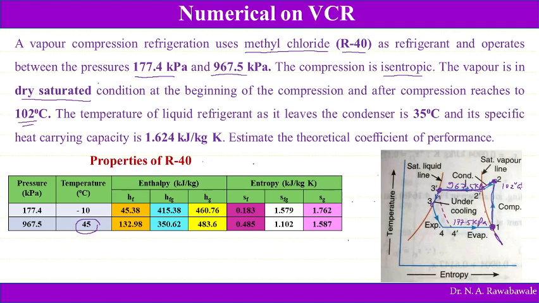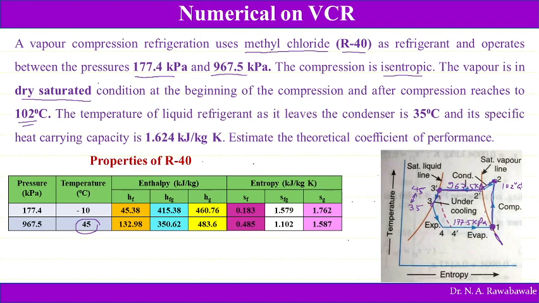So here there is undercooling of the refrigerant from 3 dash to 3. The temperature at 3 is 35 degrees and the temperature at 3 dash is 45 degrees. So the difference between these two is known as undercooling.